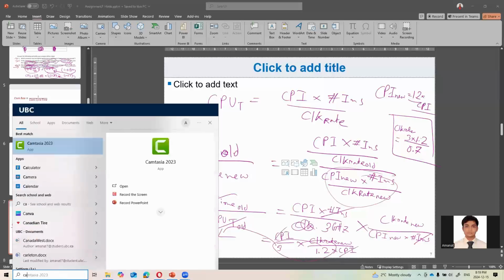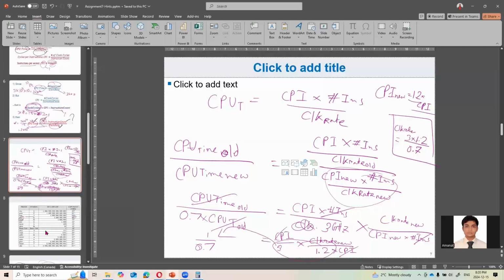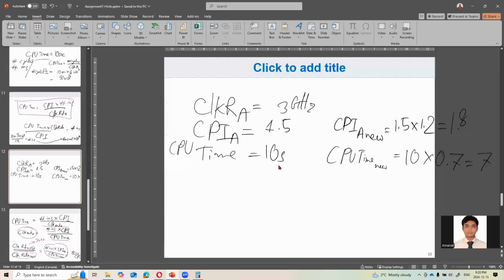Using the calculator, 3 times 1.2 divided by 0.7 gives 5.14 gigahertz.